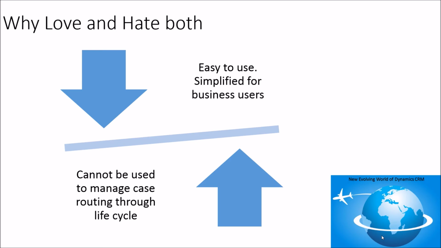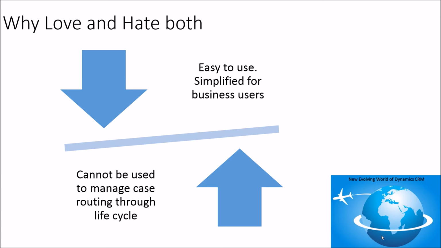That adds complexity to the whole rule set configuration, and because of these two reasons, I find that it can't be easily used for case lifecycle management from the routing point of view.